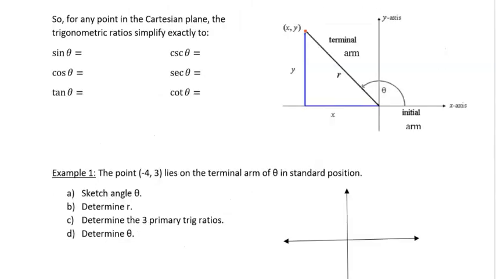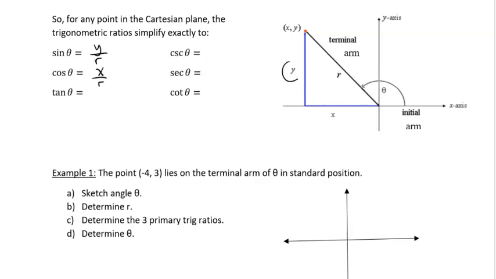So let's just set up these ratios so we understand what each sine, cos, and tan and their reciprocal ratios actually are. The first thing to note here is that sine of any angle is equal to the y value over the r value. It's the opposite, which is the y, over the r value. And so cosine would be the adjacent over the hypotenuse, which is the x value over the r value.